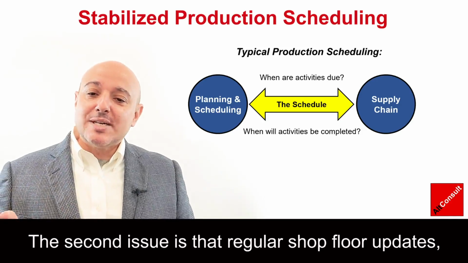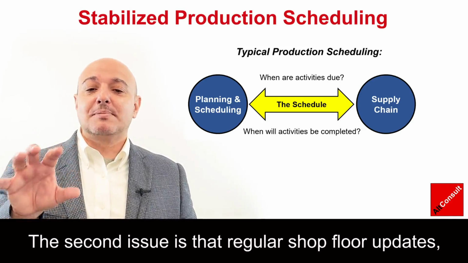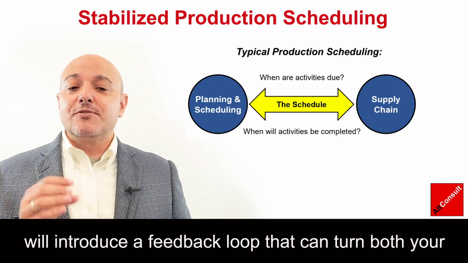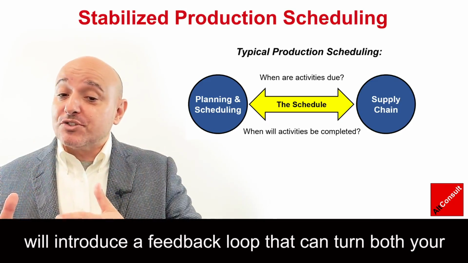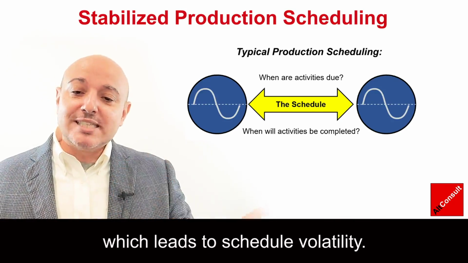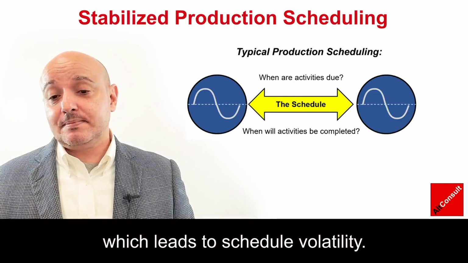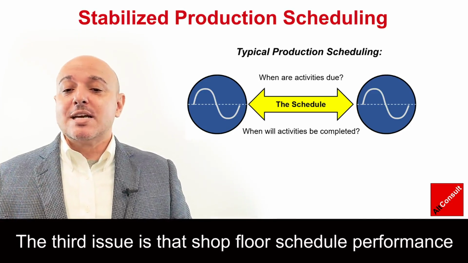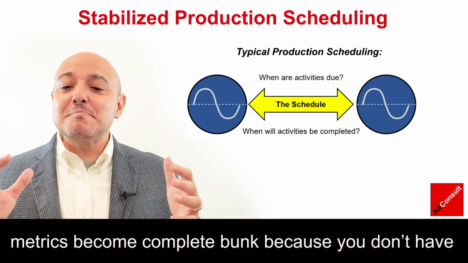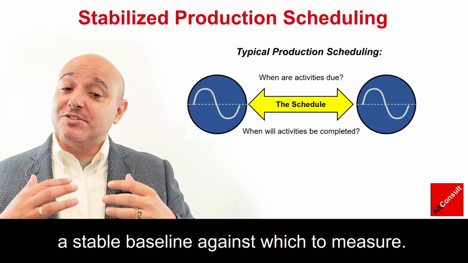The second issue is that regular shop floor updates, if they're not employed correctly, will introduce a feedback loop that can turn both your schedule and your supply chain into giant oscillators, which leads to schedule volatility. The third issue is that shop floor scheduling performance metrics become complete bunk because you don't have a stable baseline against which to measure.